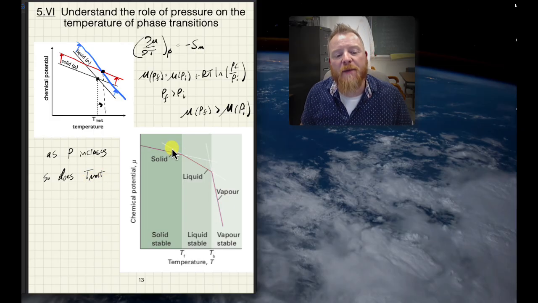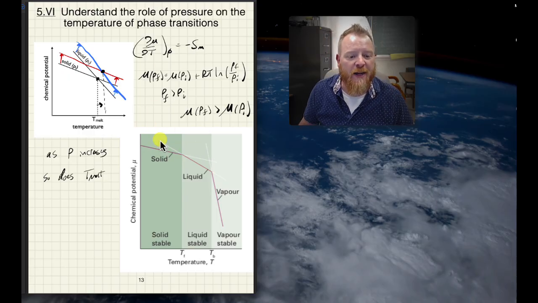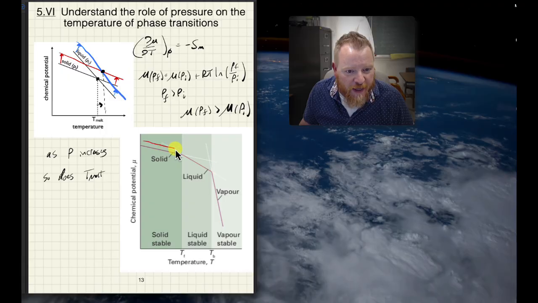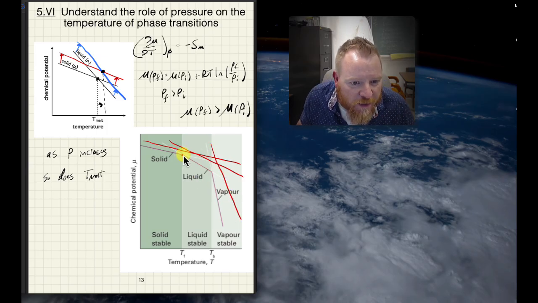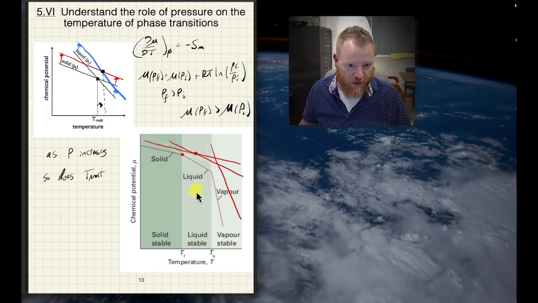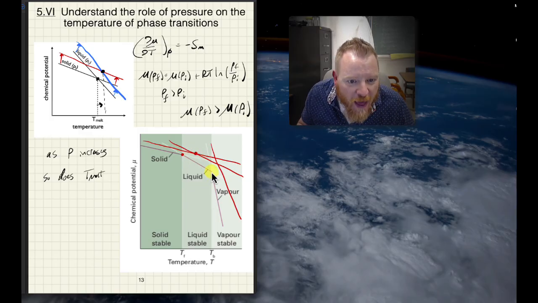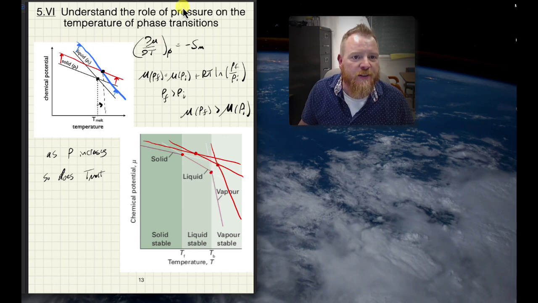Now, as we might imagine, if we look at the other phases, and this whole idea that chemical potential has increased all the way around, we'll draw those increases for all of those phases. You can see that if I look at all those new intersections, this intersection has now shifted to higher temperature. And this intersection has also increased to higher temperatures.